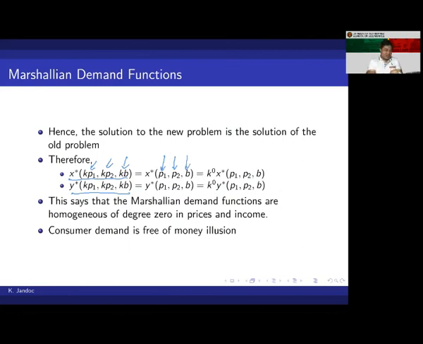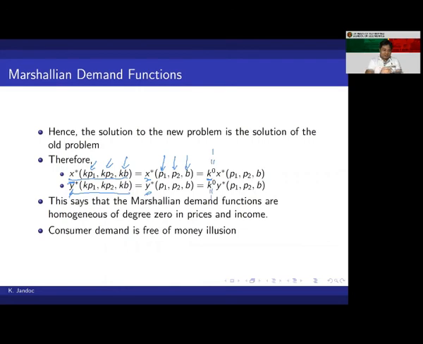Okay, so this amount, X star, is the same. Y star is the same. So this is equivalent to saying we have K raised to the zero, which is equal to 1, before X star, Y star.